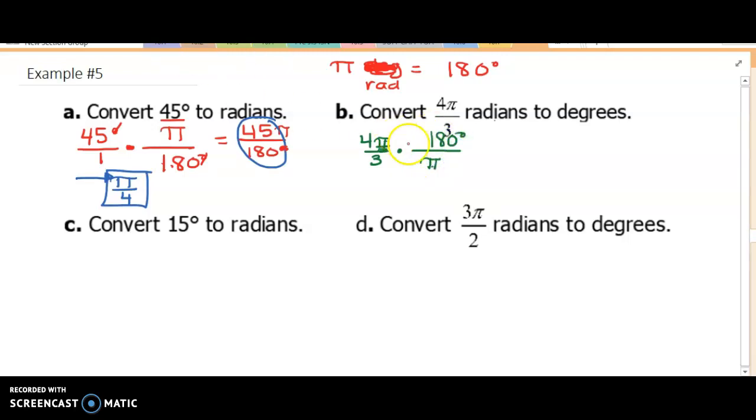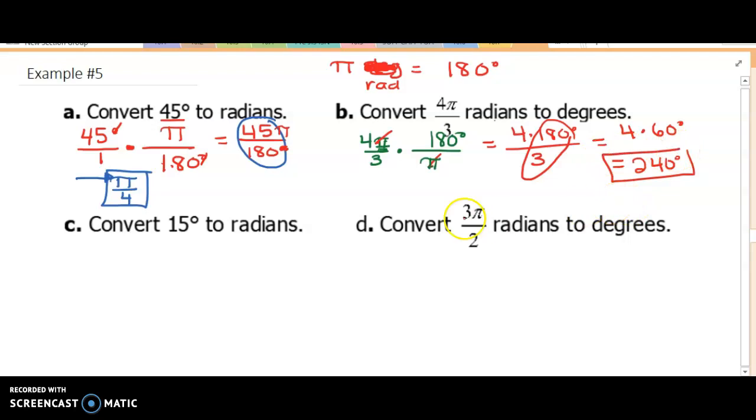When I do that, the pi's cancel. I'm left with 4 times 180 degrees over 3. Well, guys, 180 over 3 reduces to 60. So just 4 times 60 degrees, which is 240 degrees. All right, now I want you to do C and D on your own, and then we'll go over them.